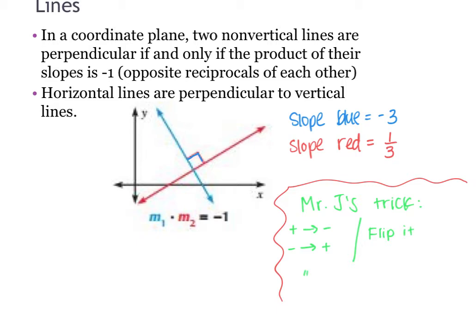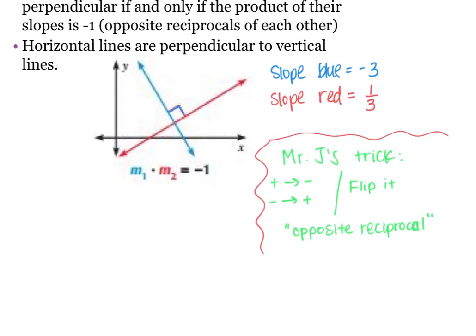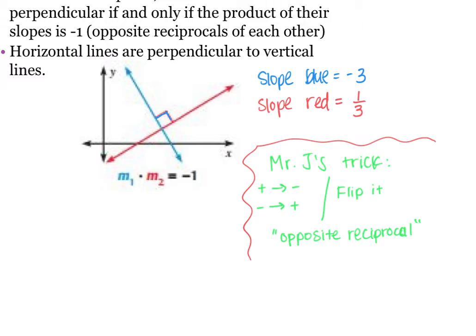And this is called opposite reciprocal. So for example, since we had the slope of the blue line to be -3, right? We started with -3, we changed it to a positive value, so it became 3, and then we flipped it. So instead of 3/1, it became 1/3. Because remember, any whole number written as a fraction is that number divided by 1.